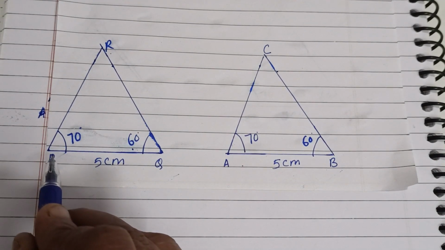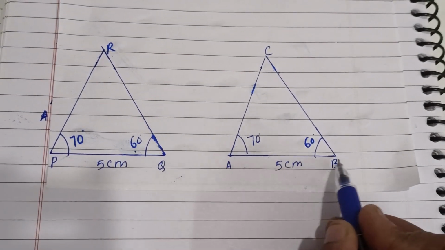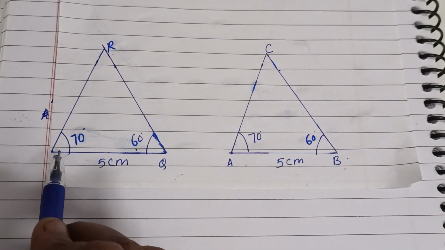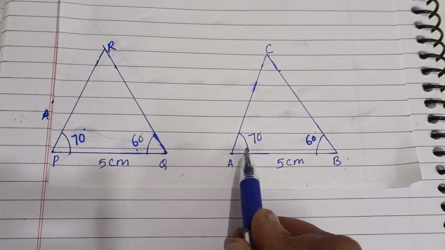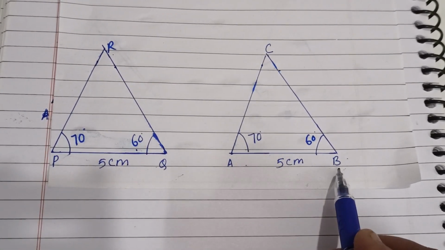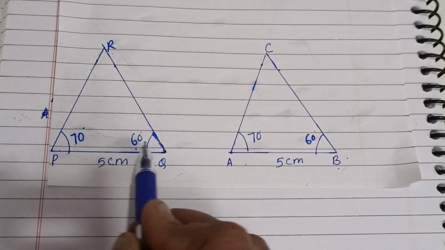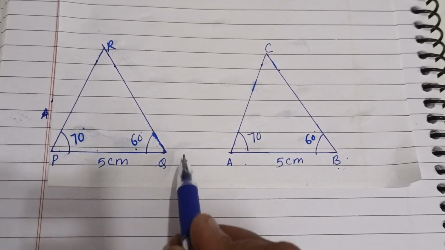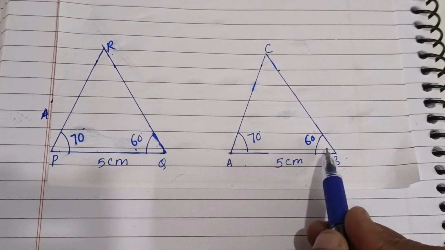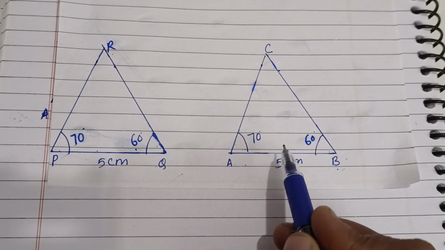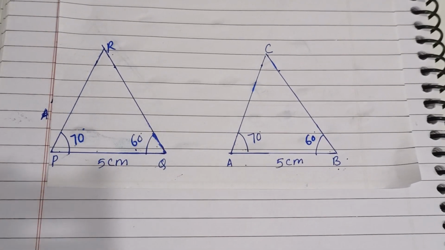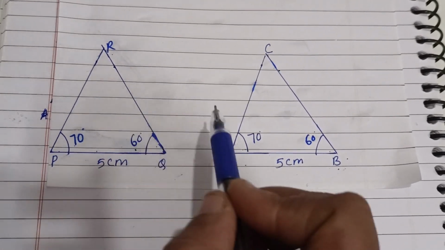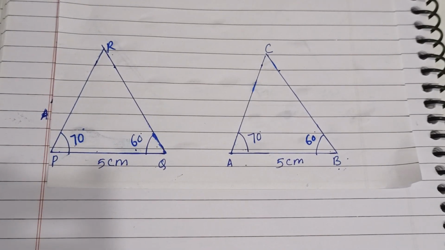So I can see that PQ is equal to AB, angle P is equal to angle A, and angle Q is equal to angle B. So the two angles and the included side are equal, so these two triangles will be congruent to each other.